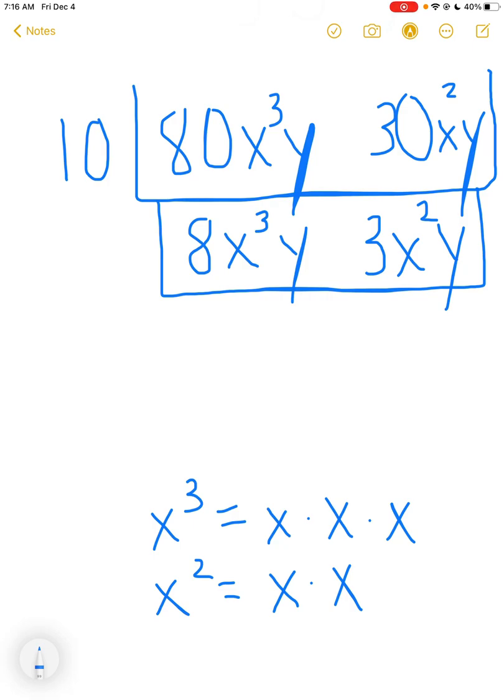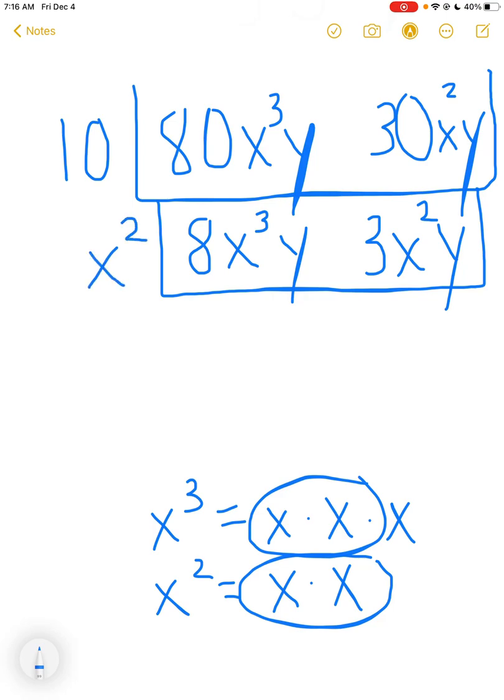How many x's can we take out of both of those sets? Both sets have 2 x's that we can take out of them. So that would be x to the second. We can't take out 3 because this set here doesn't have 3. So we can only take out the smaller number. So we're going to take out x to the second.